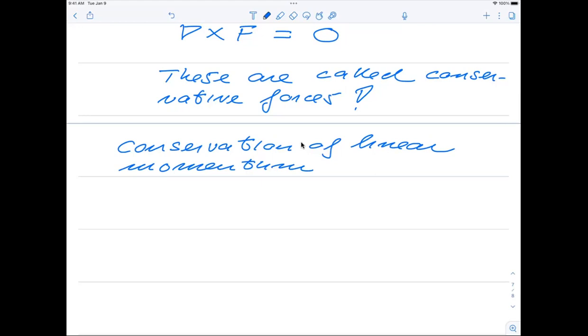Because if you have an energy conserving force like the gravitational force, when we only look at internal forces, it conserves linear momentum. In addition, the gravitational force also conserves angular momentum. And these are quantities which we can check are conserved when we develop our formalism.